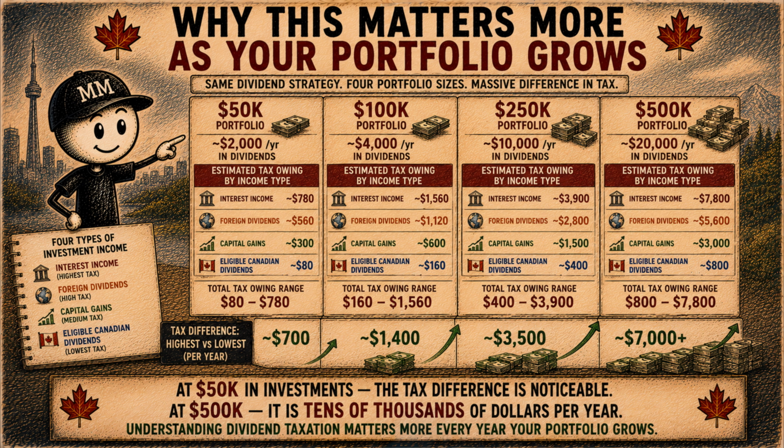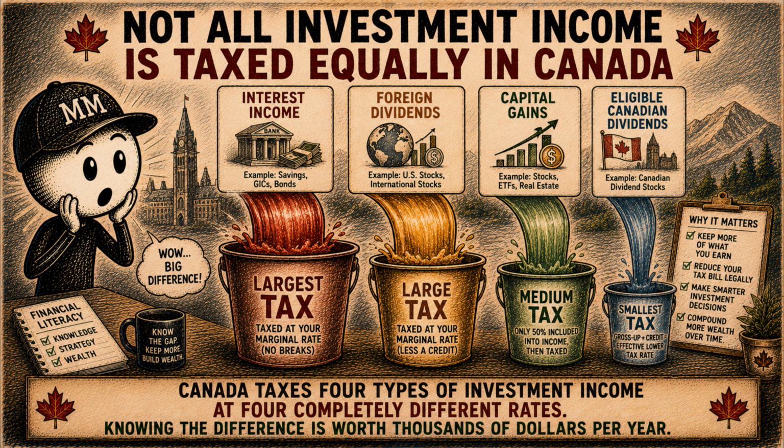Canadian A did not make a mistake on their tax return. Canadian B did not do anything illegal. There was no loophole, no accountant's trick, no offshore structure. The difference came down to one thing: what type of investment income they received and where they held it. Because in Canada, not all investment income is taxed equally.